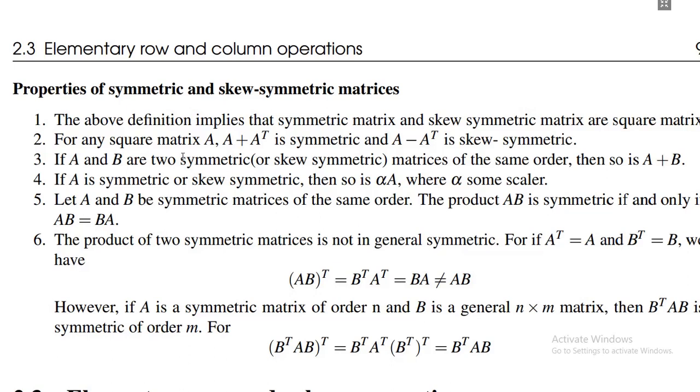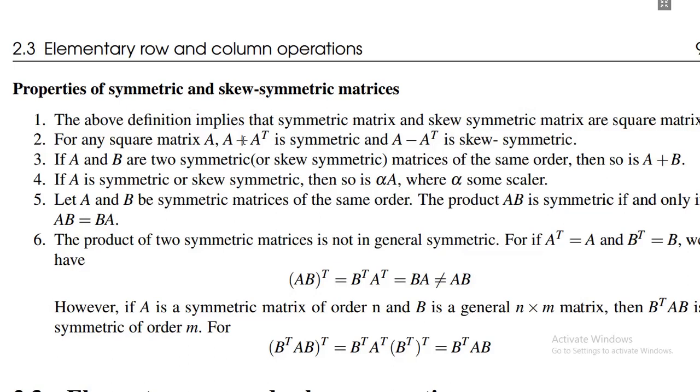And it says that for any square matrix A, A plus A transpose is symmetric, and A minus A transpose is a skew-symmetric matrix.